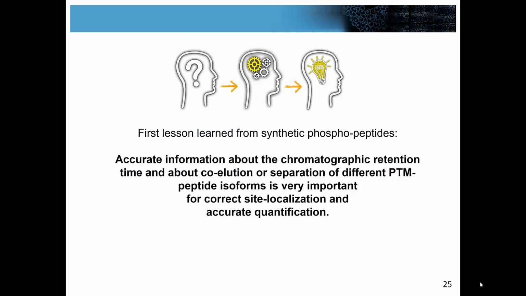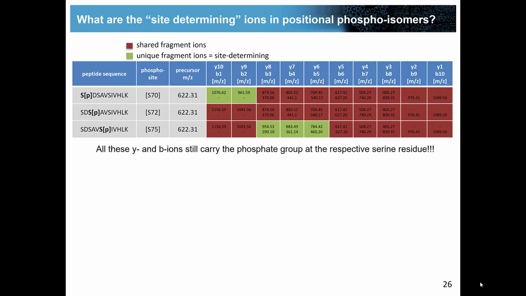So the first lesson that I learned from working with a lot of these synthetic phosphopeptides was that accurate chromatographic retention time information really matters, and that it makes a difference whether they are coeluting or whether they're separate in retention time, in terms of which transitions you can actually use to quantify. And then there was a second lesson that I also learned from the study, and that regards neutral losses.